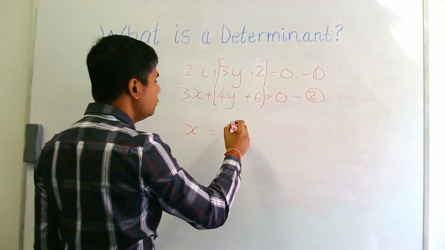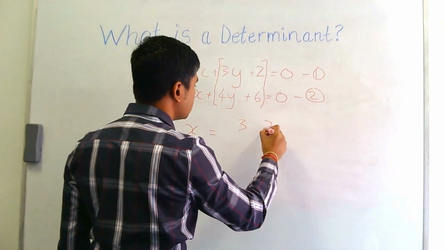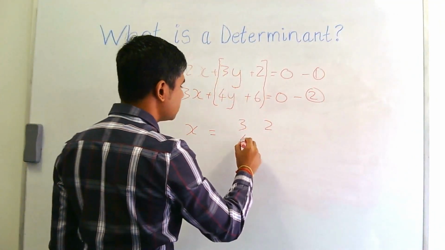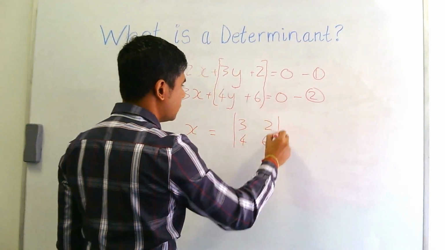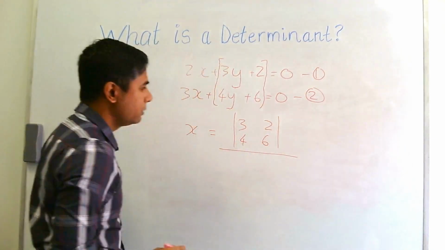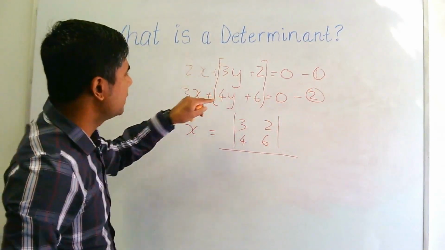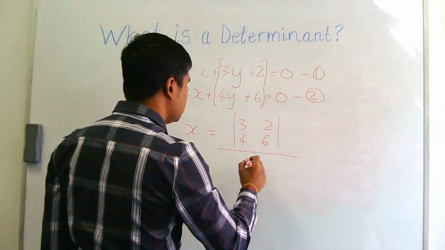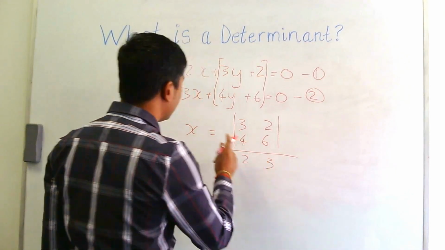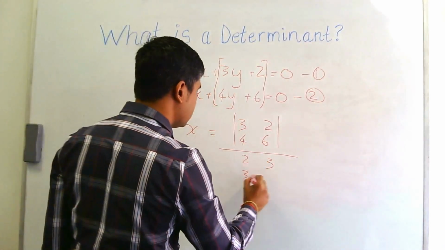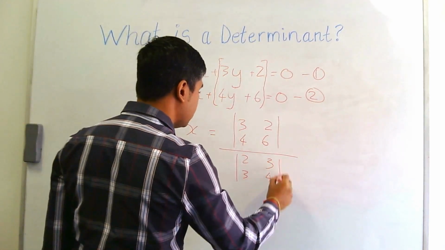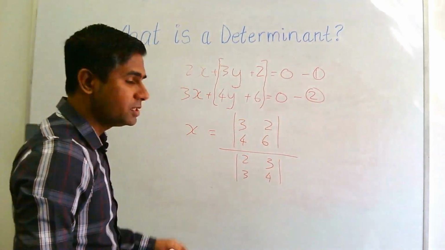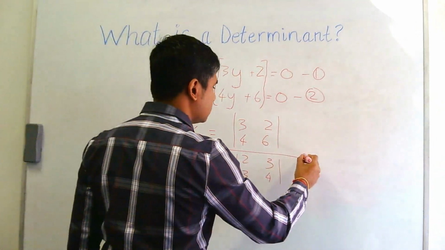So we have 3, 2, and then 4, 6, and we are taking the determinant, and then we divide it by the first two terms, the coefficients of x and y, and we make a determinant out of that. So we have 2 and 3, and then 3 and 4. We write it in the notation that we have just shown, and we just compute this determinant.